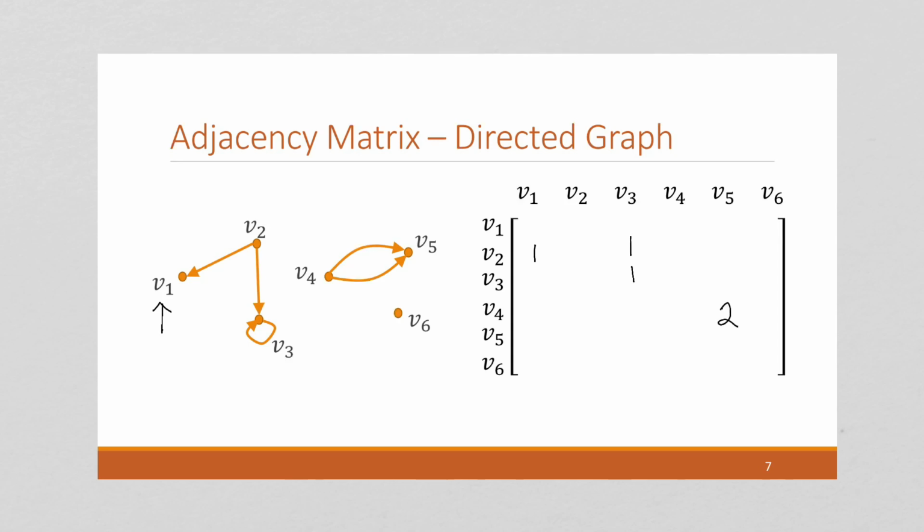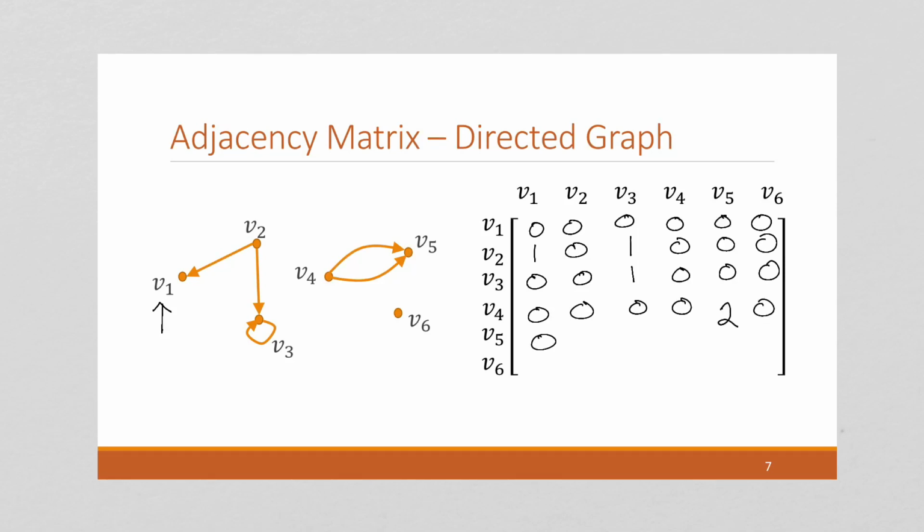So I find it a little easier to read this with the zeros in place. But notice this is no longer symmetric. And that is, again, because we have a directed graph.